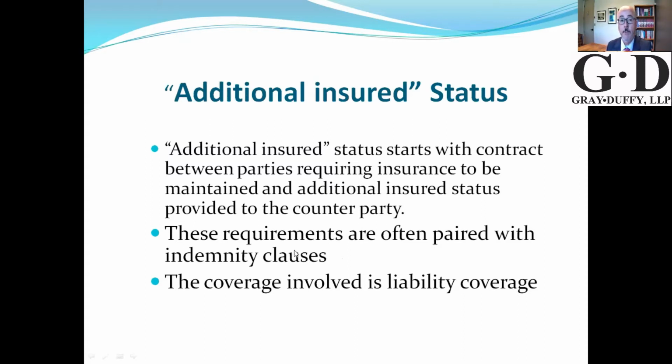The requirements are often paired with indemnity clauses and also sometimes with waivers of subrogation clauses. So you want to make sure to read all of those together. But I think that additional insured status has to be analyzed and stand on its own for the most part. And indemnity needs to be analyzed and stands on its own as well.